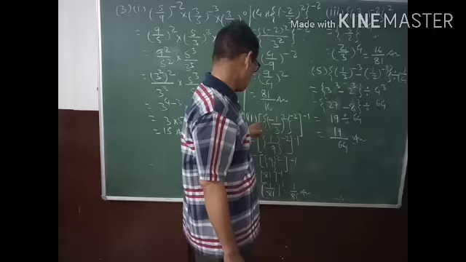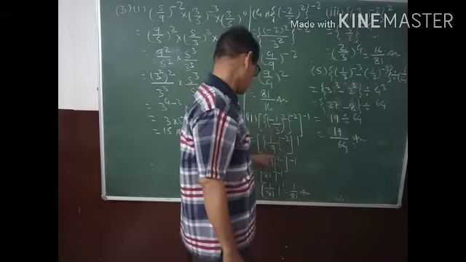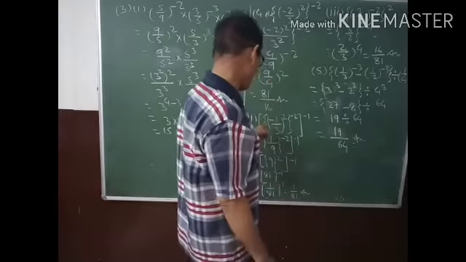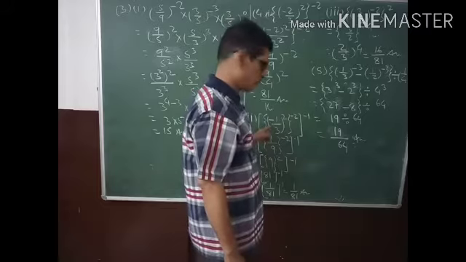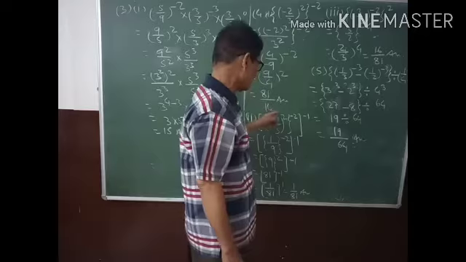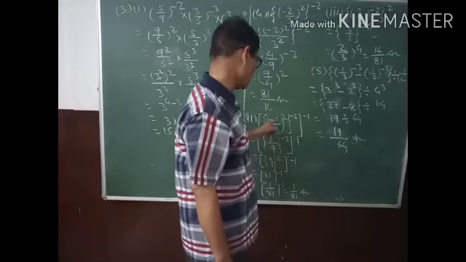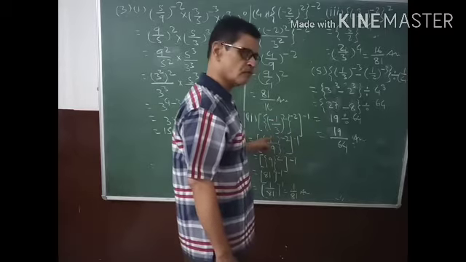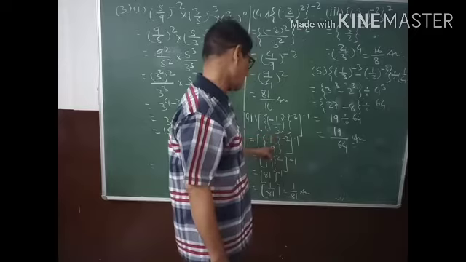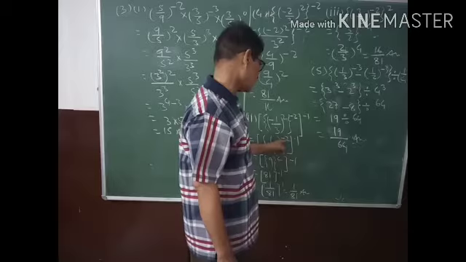Again come to the question number 3. This is a big bracket, a curly bracket, and a small bracket. Do it according to BODMAS rule. First of all, simplify the small bracket. This will become minus 1 into minus 1 equal to plus 1, and this 3 3 is 9. Again this is 1 by 9 to the power minus 2.